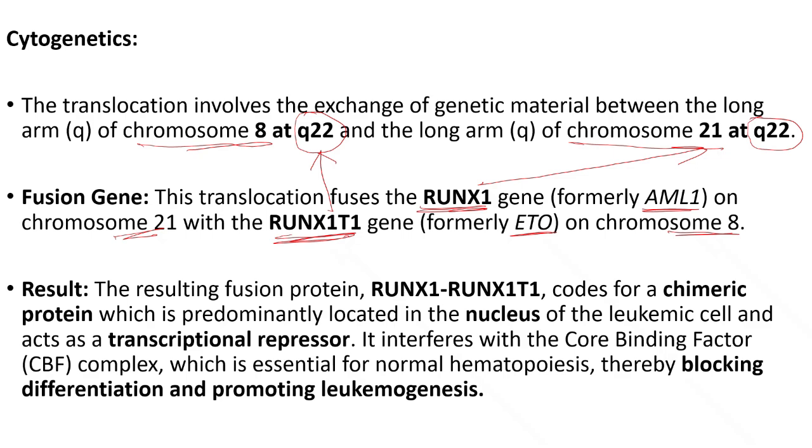Now, due to translocation, the fusion protein formed is RUNX1-RUNX1T1, which is a chimeric protein, and this chimeric protein is mainly located in the nucleus of the leukemic cell.